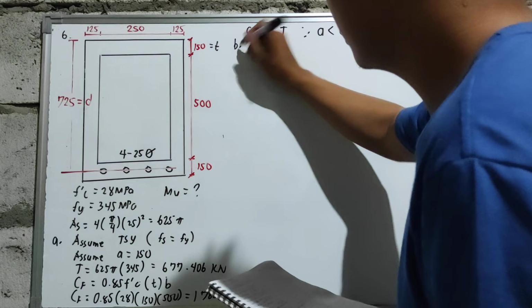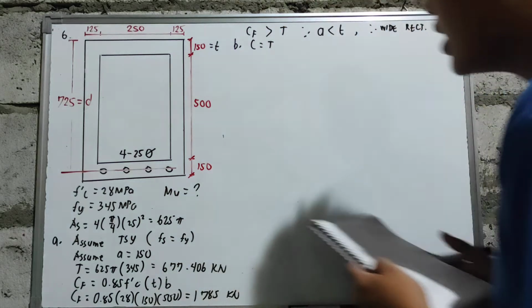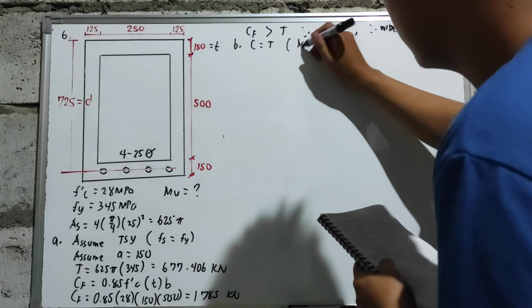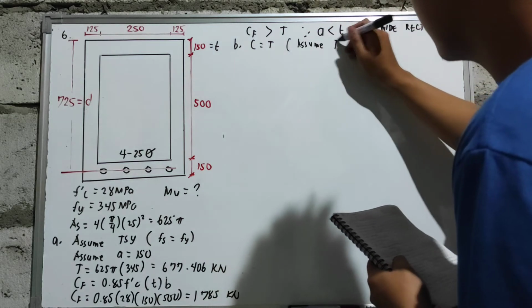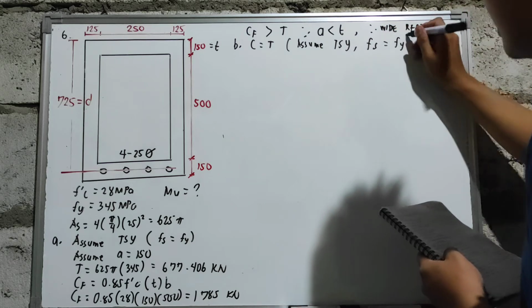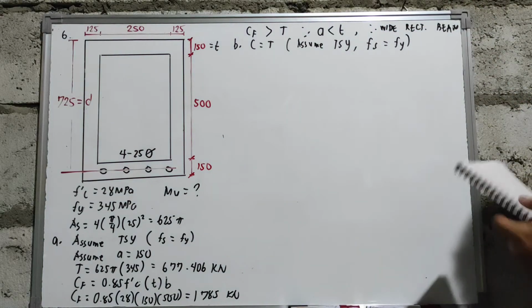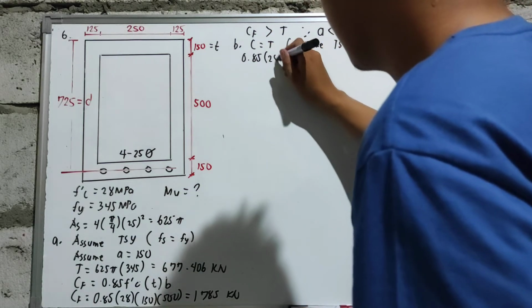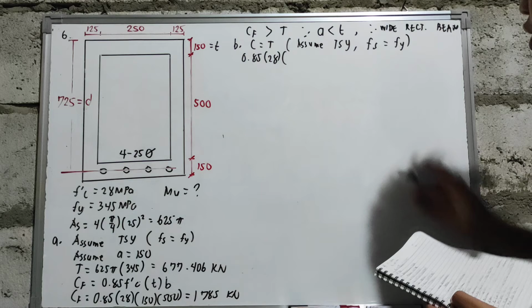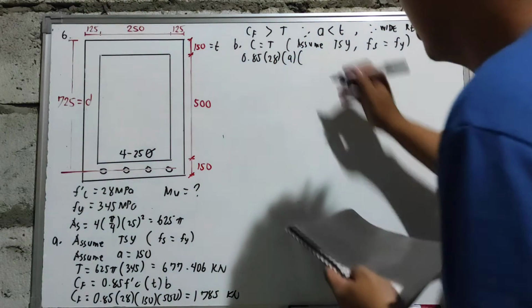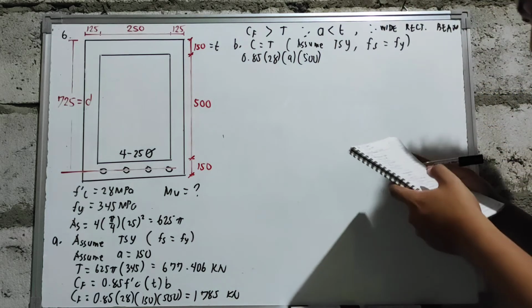So, next, C is equal to T tayo. So, for this one, we're going to assume that our tension steel will yield. So, if that will yield, the value of your Fs is equal to the value of your Fy. So, 0.85 F prime C natin, that is 28 multiplied by yung A na hinahanap natin, multiplied by yung buong width natin, which is equal to 500.